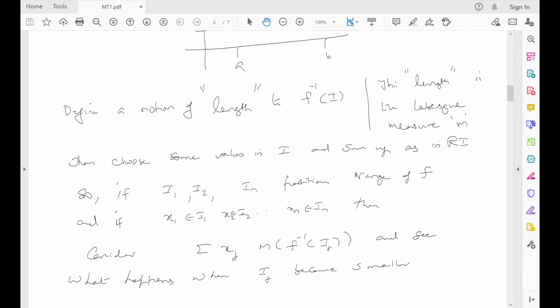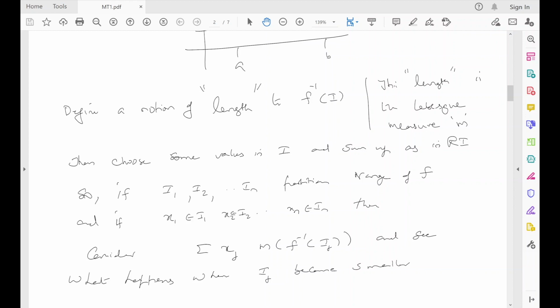So I have not defined what m is. m is the measure or the length of the set f inverse of Ij. Of course, if f inverse of Ij is an interval, then the length is what you already know, right? If I have an interval [a, b], the length is b minus a. But there can be sets which are not intervals, like rationals, irrationals, or rationals contained in an interval like [0, 1], etc. Various kinds of sets, or disjoint unions of intervals and so on.